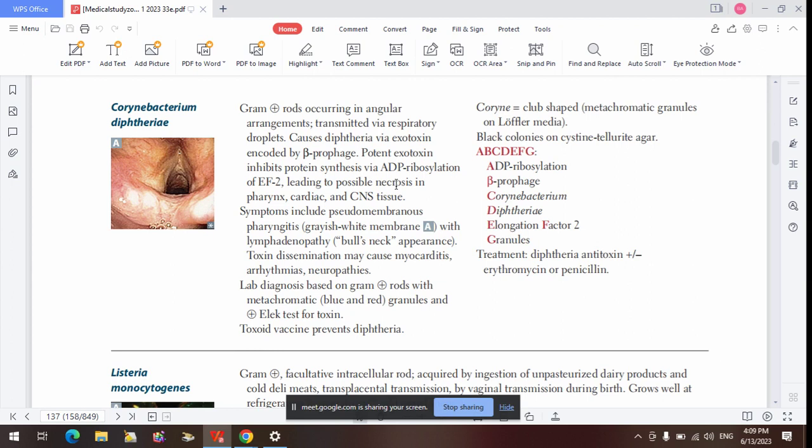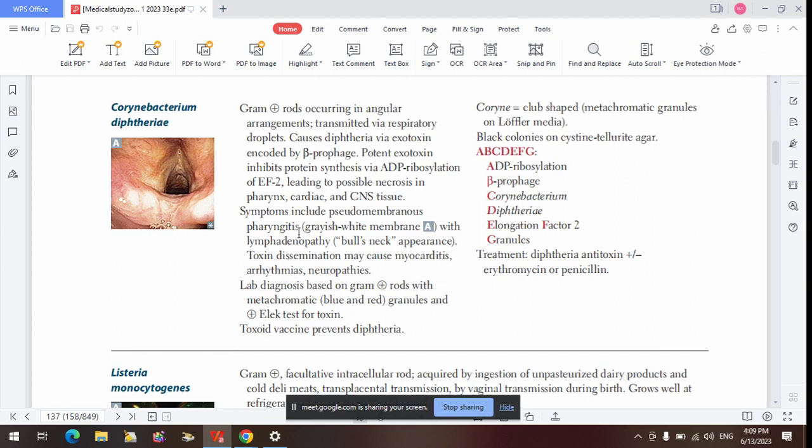When there is damage to the pharyngeal mucosa, there is purulent discharge and inflammation, due to recruitment of inflammatory cells like neutrophils, macrophages and lymphocytes, and they form the pseudomembrane.